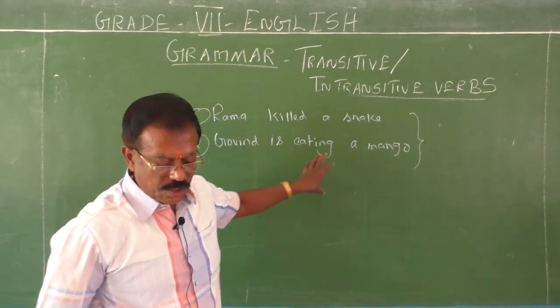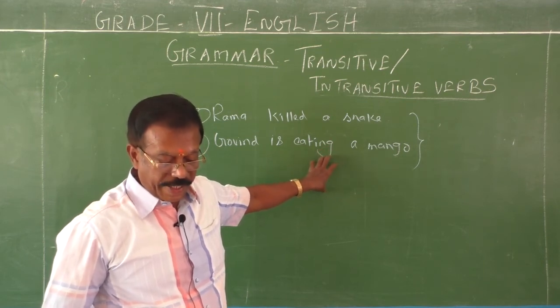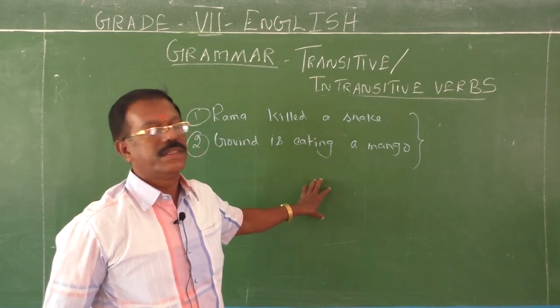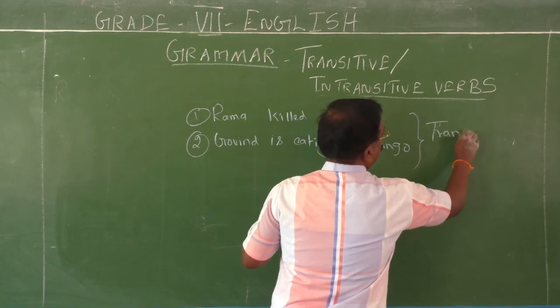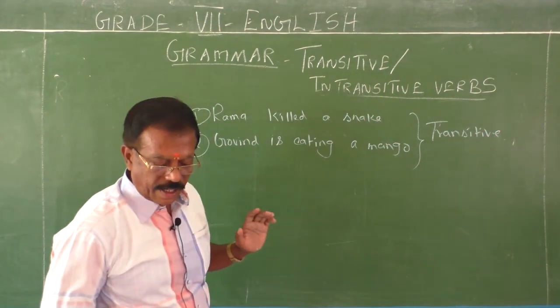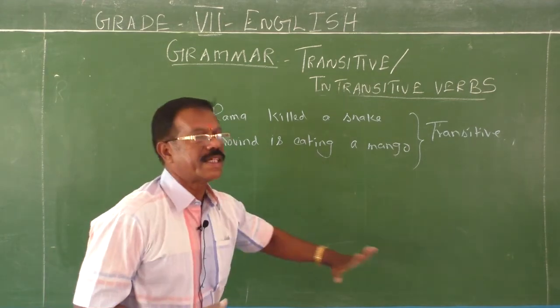So they are transitive verbs. And transitive verbs have complete predication because they are capable of taking a single object. They are complete predication because they take an object to complete the sentence.